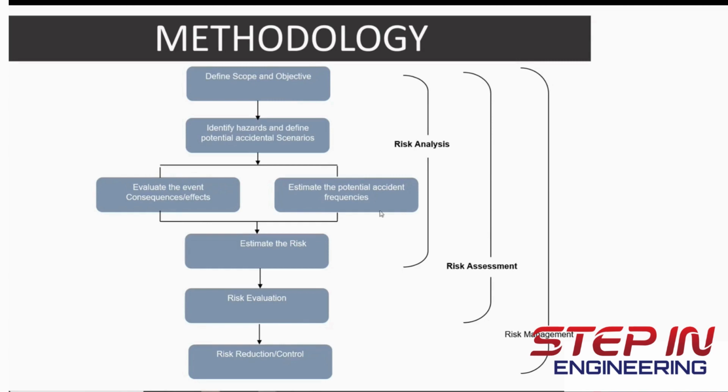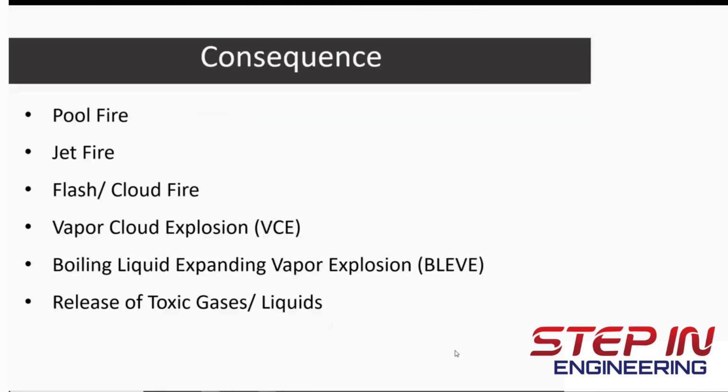Until the estimation of the risk, it is called risk analysis. Once you assess using the criteria, that is called risk assessment. And if you give suitable recommendations to minimize the risk and you follow up the particular project or facility's QRA study, that entire process is called risk management. Is it clear? So let me go with consequence.